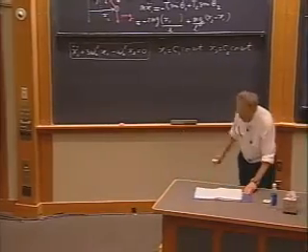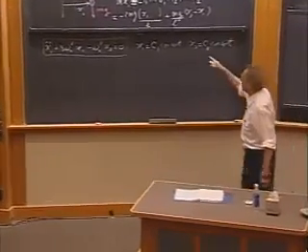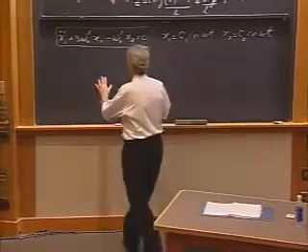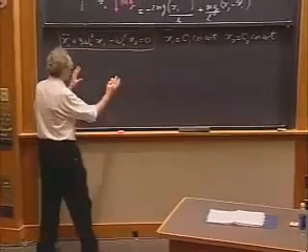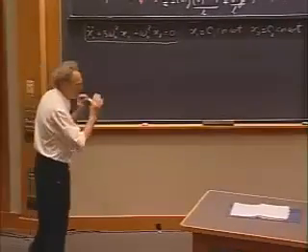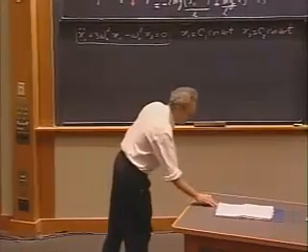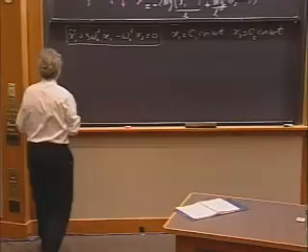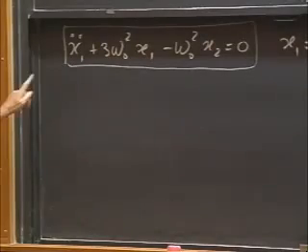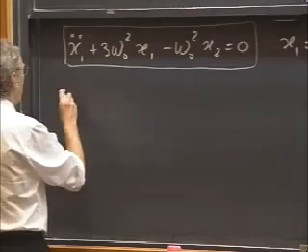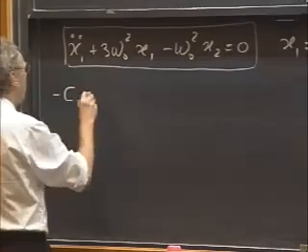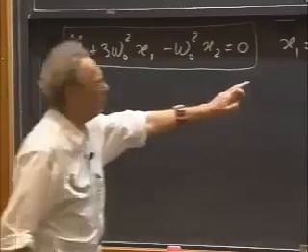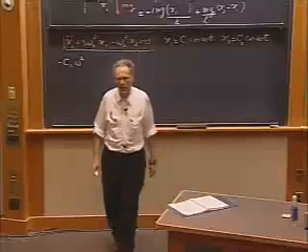So now we're going to substitute this solution in these two differential equations, and I'm going to write it down in the form that I put the C1s to the left and the C2s to the right. And so I'm first going to this one, that is my object number 1. I take the second derivative, so I get C1 times minus omega squared, because the second derivative here gives me a minus omega squared.